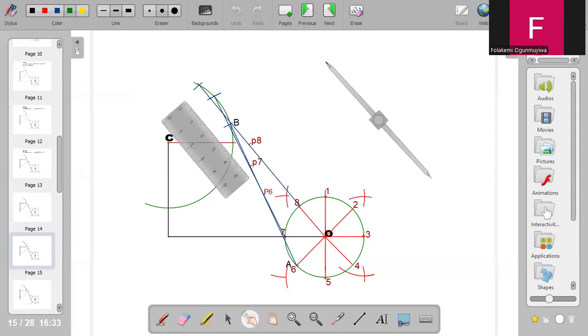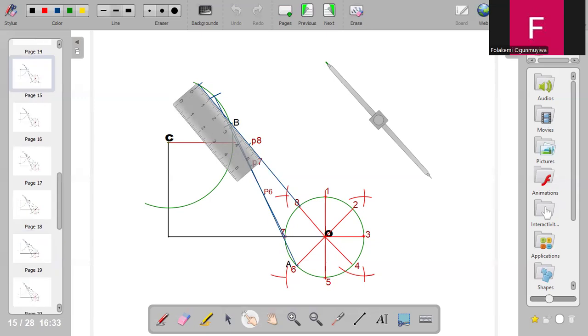This is your division 8. Connect it to the arc and take your measurement of 4.5. Remember, the measurement is 4.5, which is the midpoint. So at 4.5, you get P8. We'll repeat this procedure for other points.